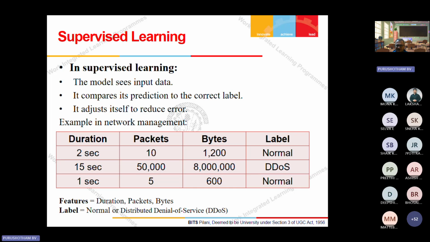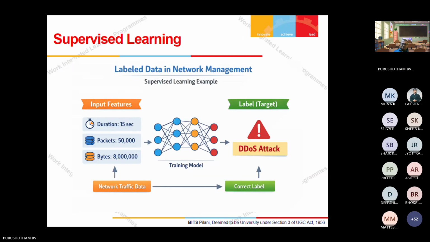That's a DDoS, a distributed denial of service, which is going to be an attack. Then 1 second, 5 packets, 600 bytes of data, that is a normal scenario. So now the features include duration, packets, bytes, and the label includes normal or distributed denial of service attack. Likewise, you should have a data set.